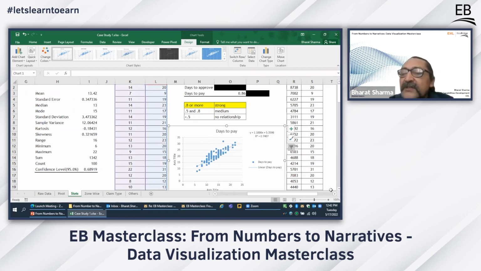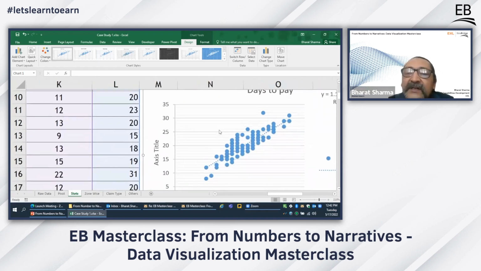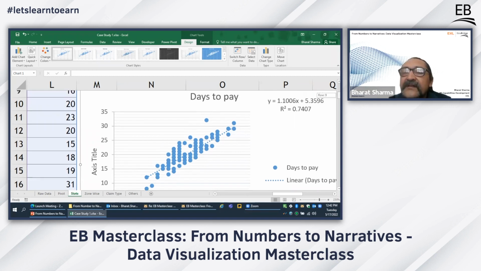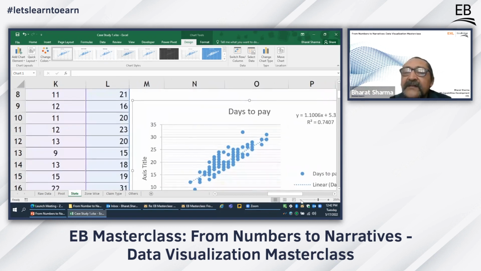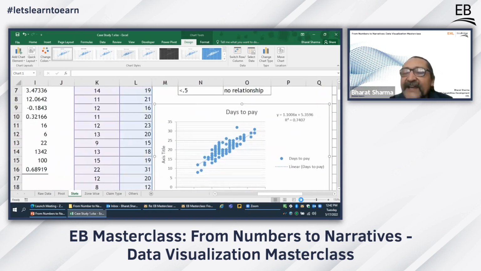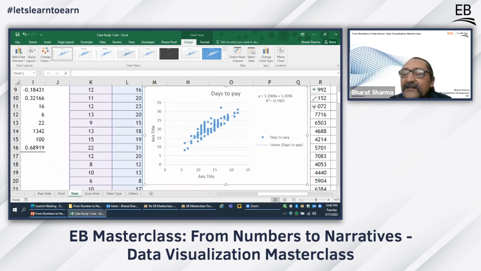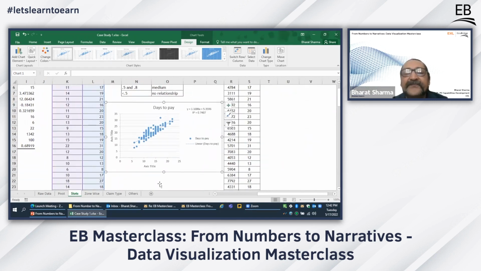See another dotted line here, a small dotted line going right here. For this chart, this is called the trend line. This is a linear line for these dots.